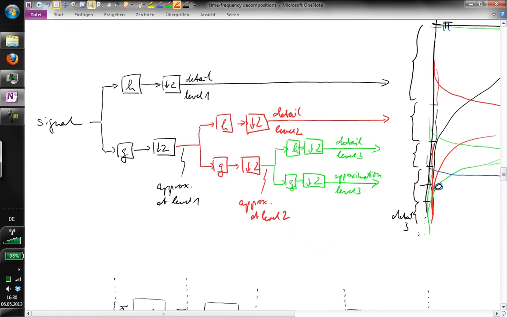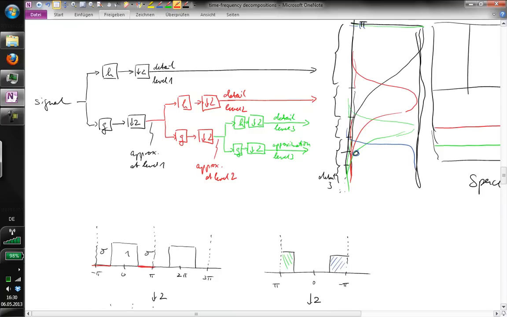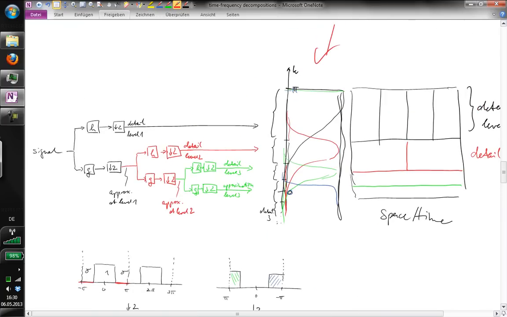Here, this is not implemented in terms of short-term Fourier transforms. The proper label on this vertical axis is no longer frequency, but scale.